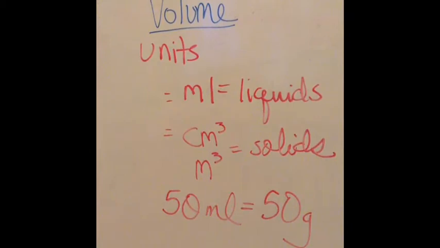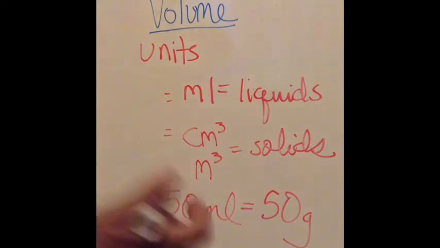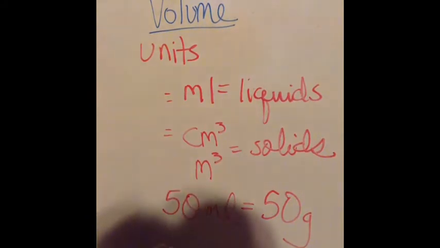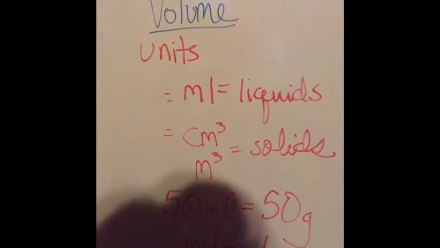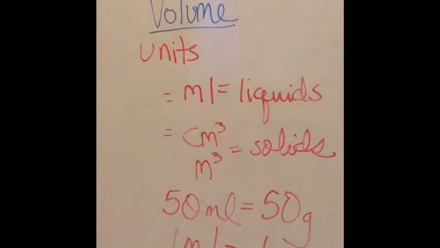You found out that a milliliter of water is almost equal to a gram of water. And another thing you should know is that 1 milliliter of water is also equal to that. Okay?